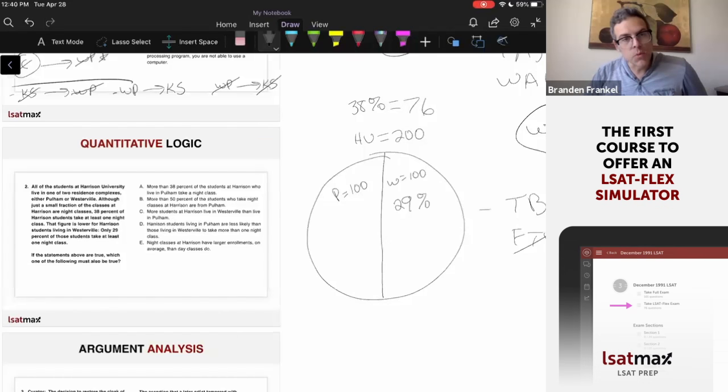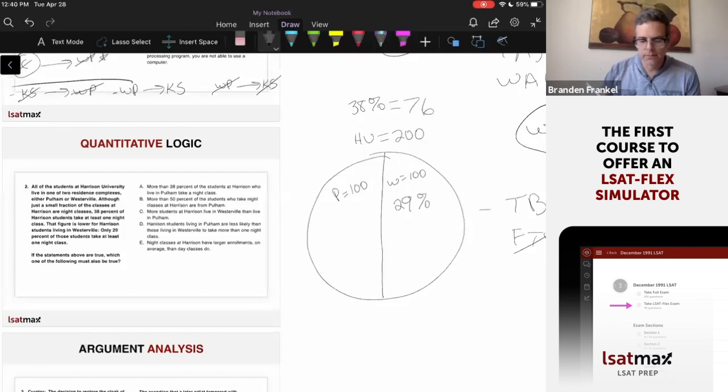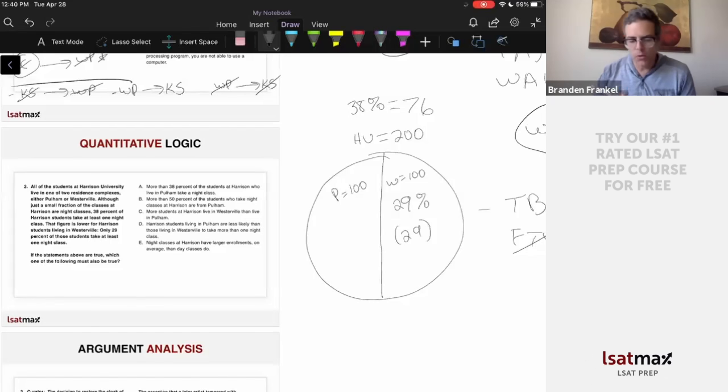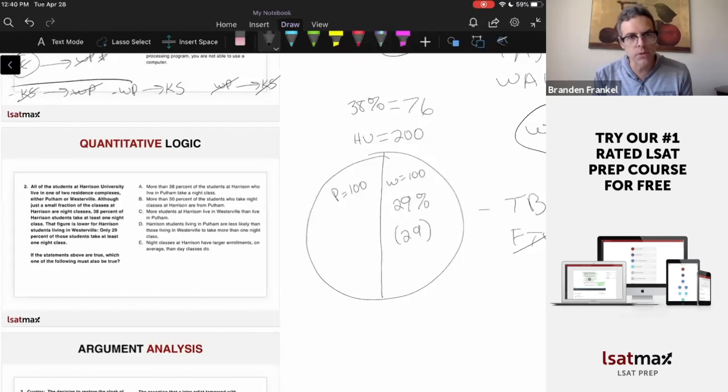If 29% of these 100 students in Westerville take a night class, that means 29 students. 29 students in Westerville take a night class.